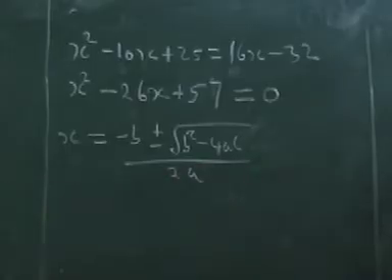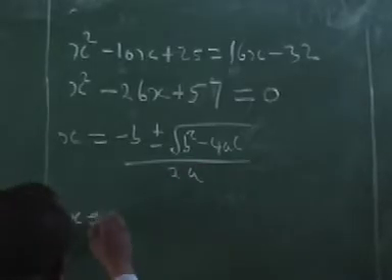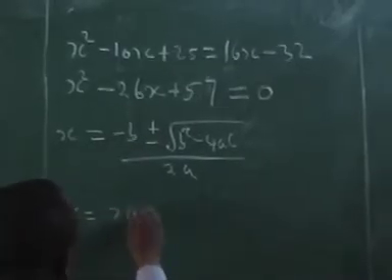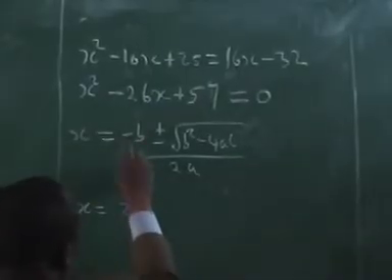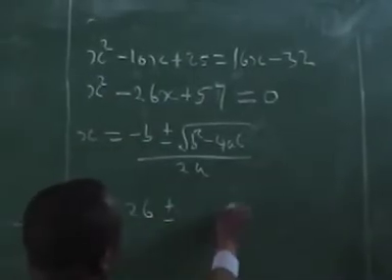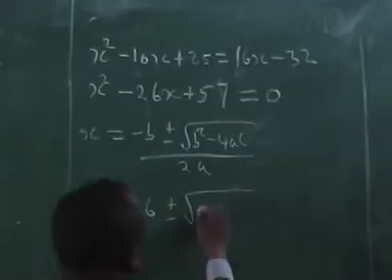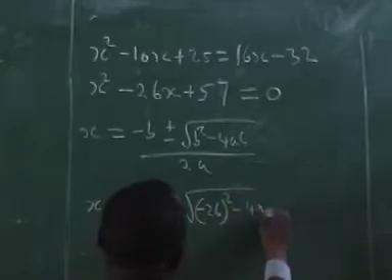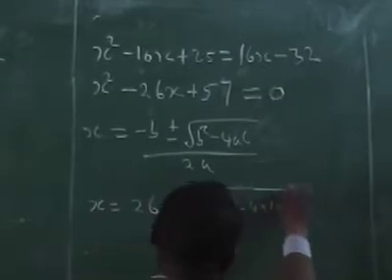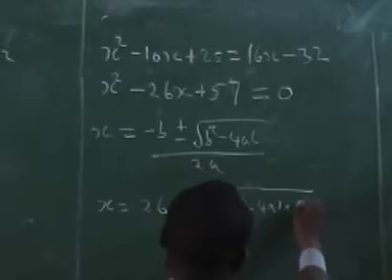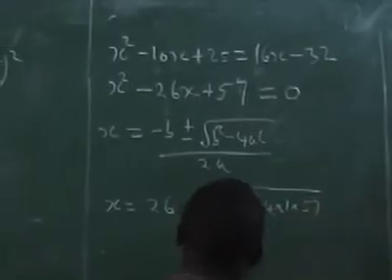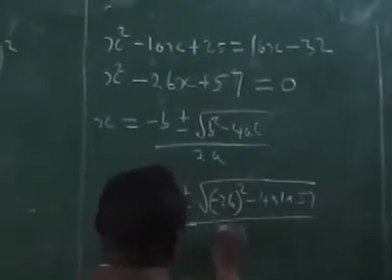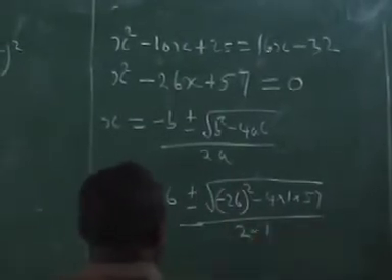So if we use that, x will be equal to minus b. This is b, so we have 26 because this is minus. So the minus will make this one plus or minus square root of minus 26 squared minus 4 times a, which is 1, times c, and c is 57, all over 2a, 2 times 1.